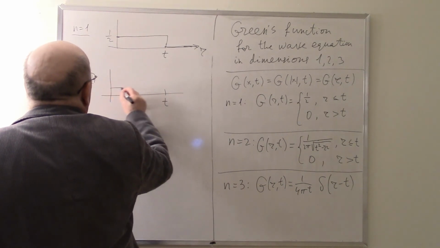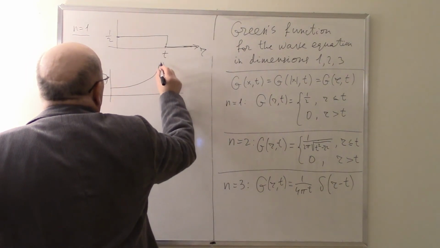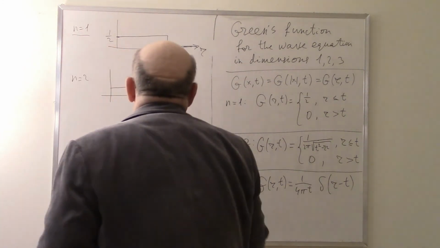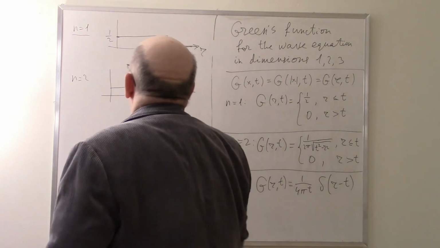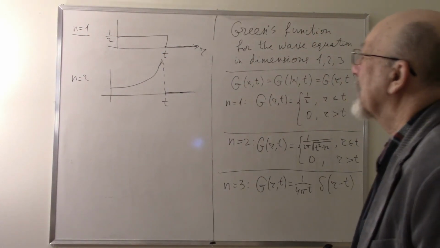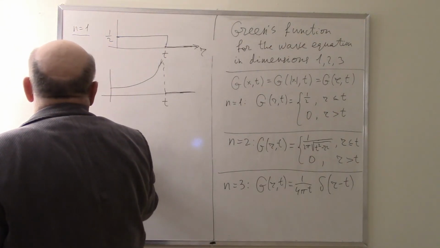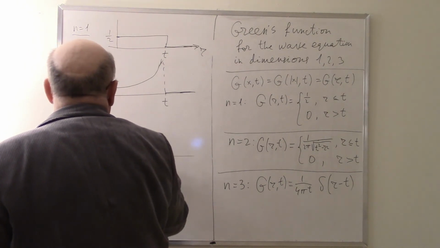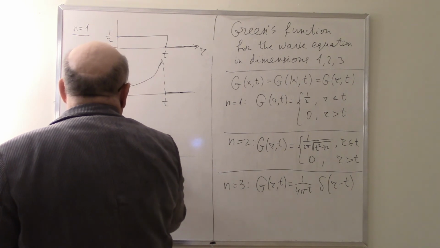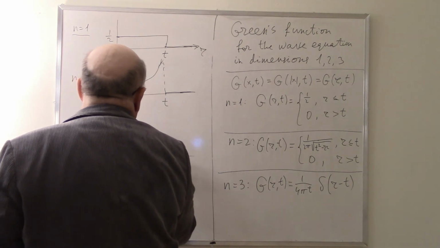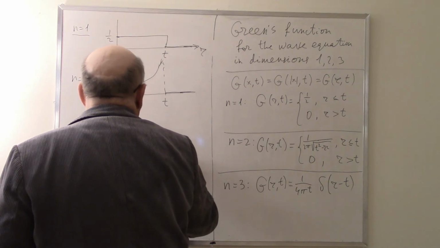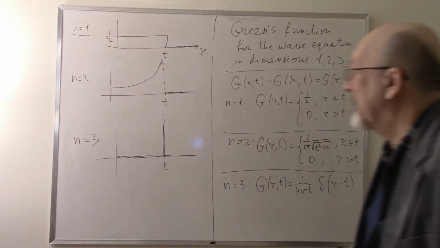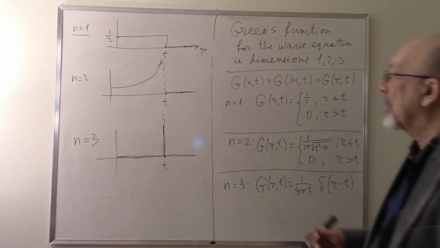It has this singularity, not very strong, it goes to infinity but like a square root. And here it is again 0. Yes? It is n equals 2. N equals 3. Equals t. Here it is 0, here it is 0, and here it is a delta function.